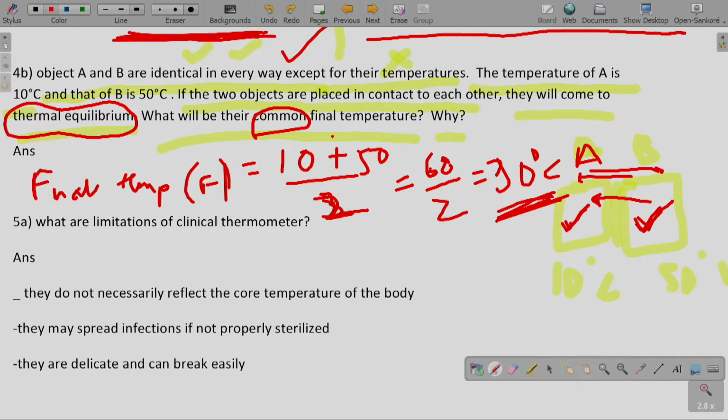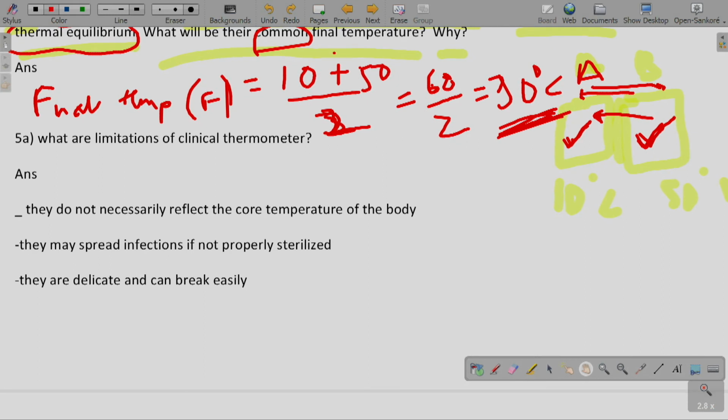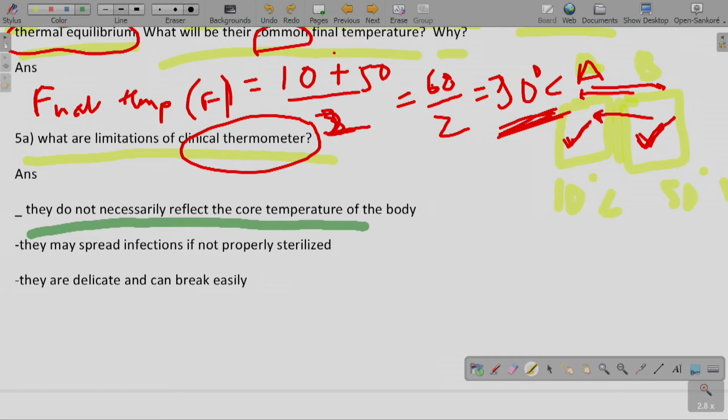Okay, and the last question for today, it says, what are the limitations of a clinical thermometer? We know there are different types of thermometer, and one of the type is known as a clinical thermometer. What are the limitations of using this type of thermometer? And the answer is, they do not necessarily reflect the core temperature of the body.